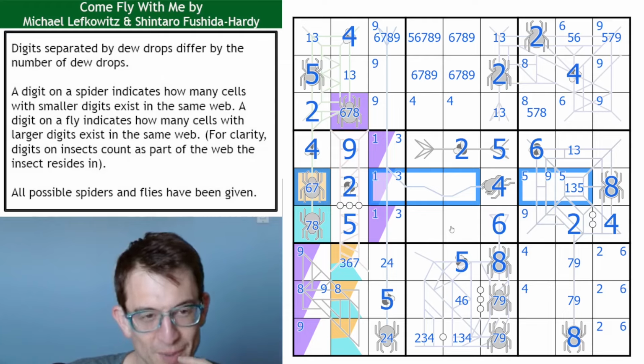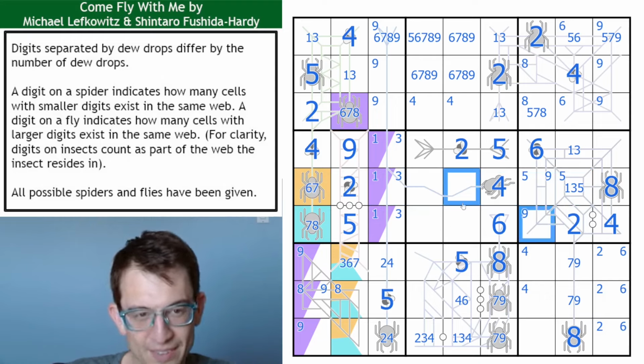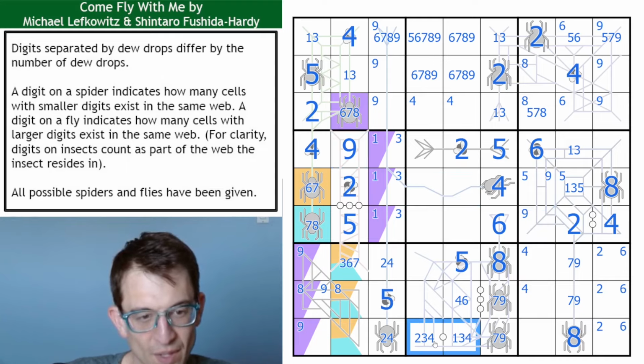It works though. Okay, if 9's on here, it really doesn't do anything. Okay, could this be 1, 2?